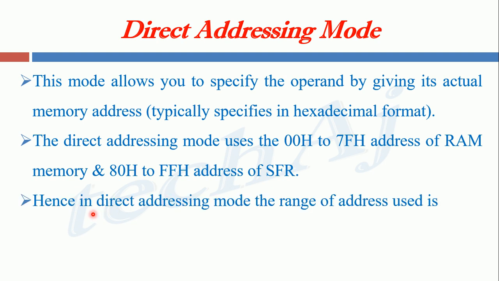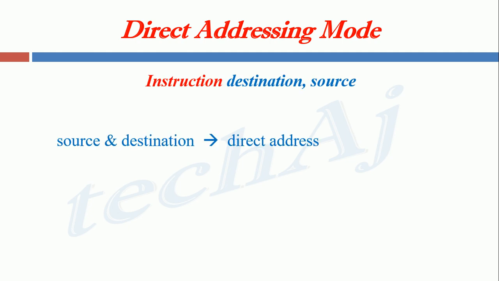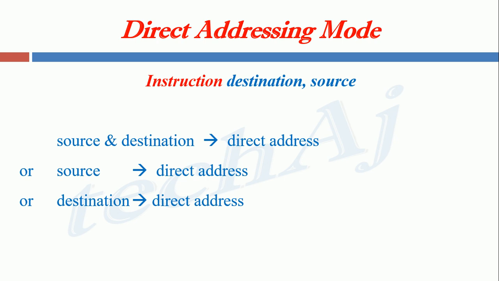Hence, we can say that in direct addressing mode, the range of addresses is 00H to FFH. In direct addressing mode, both source and destination operands may be direct addresses, or maybe only the source operand is a direct address, or only the destination operand is a direct address.